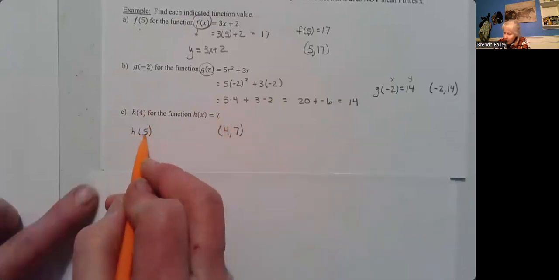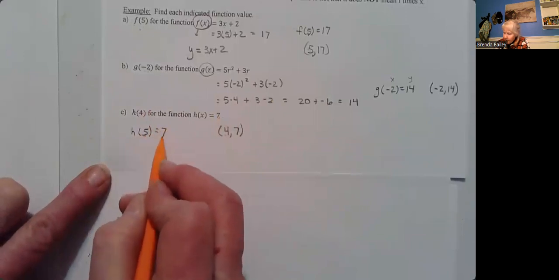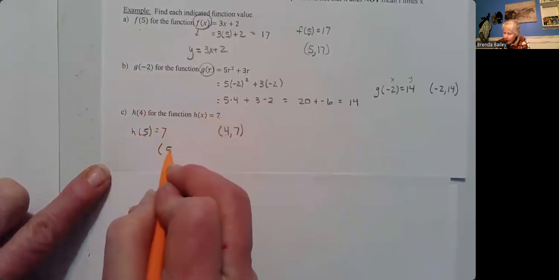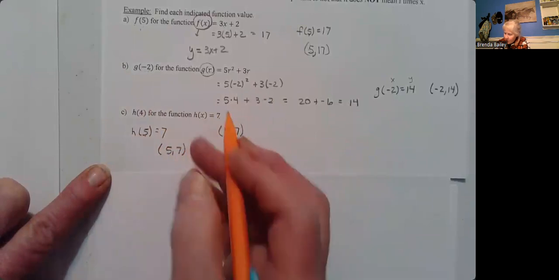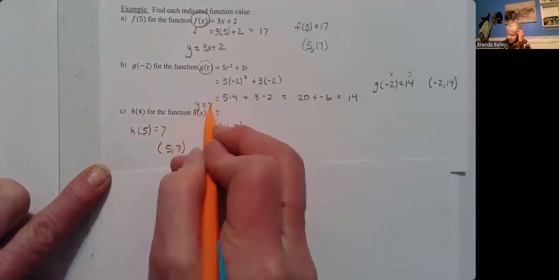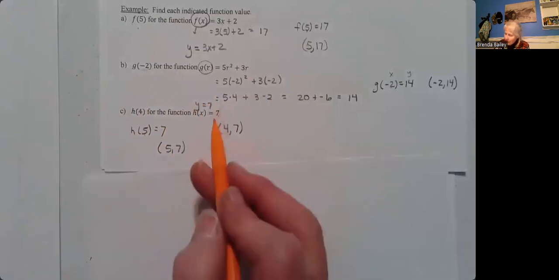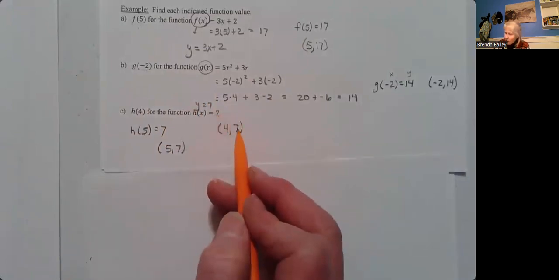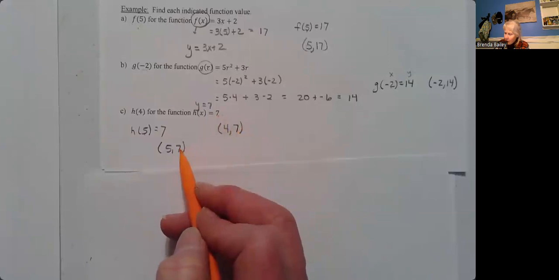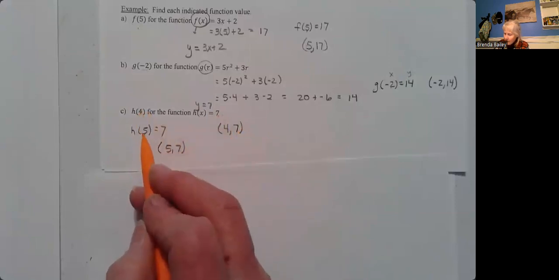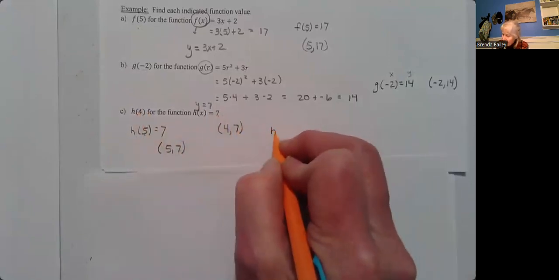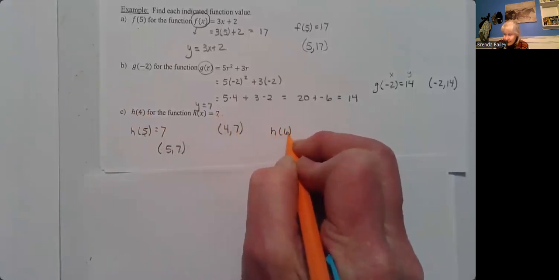So this one right here is also 7. So you'd have the point 5, 7. Remember, this is y equals 7, is another way of writing that. So if there's no variable, it means that y coordinate always stays the same, no matter what the x becomes. So if I had h of 6, you're going to get 7.